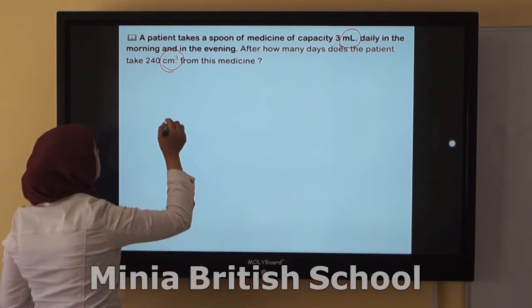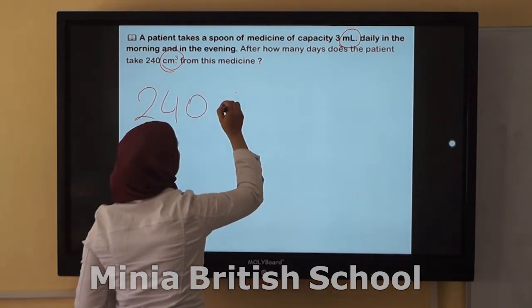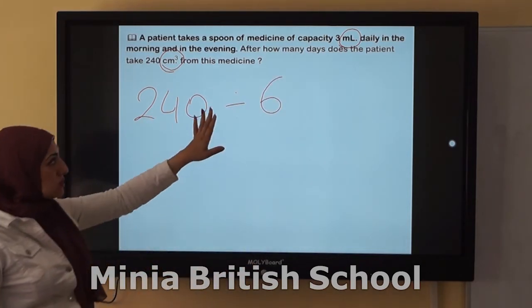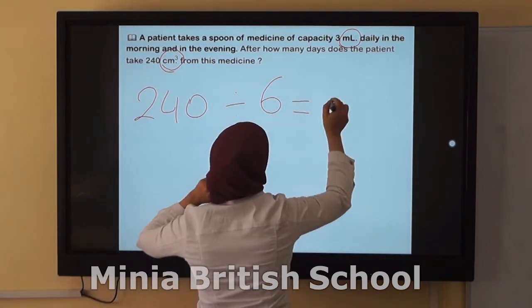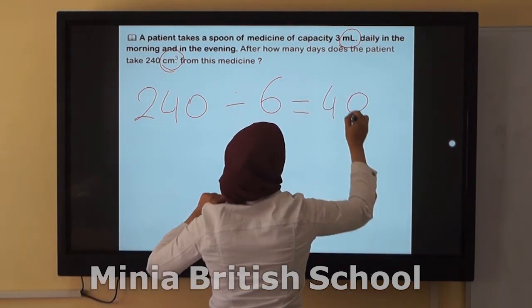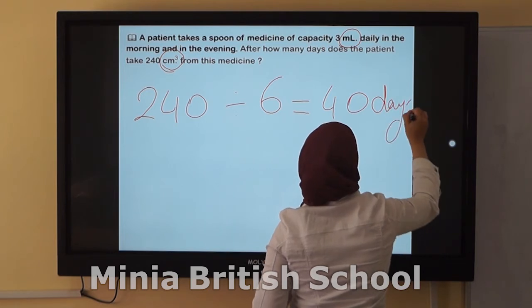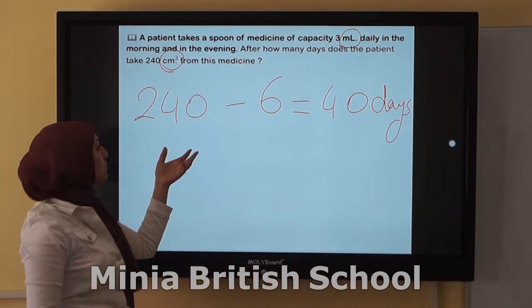Now, here, in one day, he takes 6 milliliters, 3 in the morning and 3 in the evening. So here, 240 divided by 6, okay, 6 milliliters daily, so 40. Do you understand the idea?